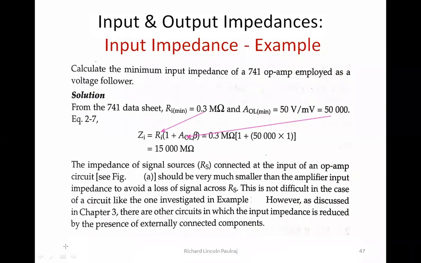Was it finite or infinite or very large input impedance?